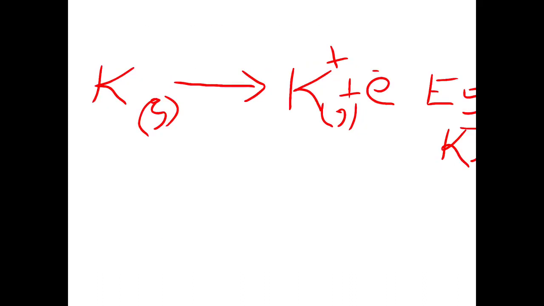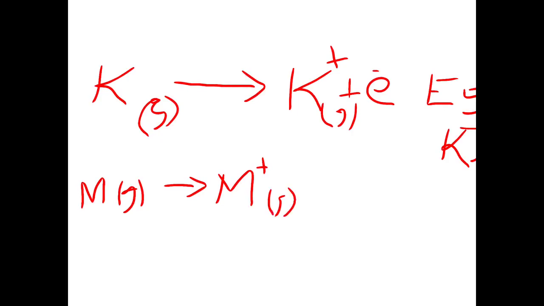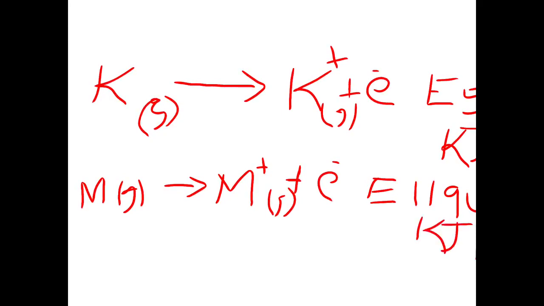So M again, the formula of M, we begin with that, which is in gaseous state, we lose an electron to form M positive, which is also in gaseous state, plus now the electron that has been lost, and then you write energy here is 1194 kilojoules per mole.